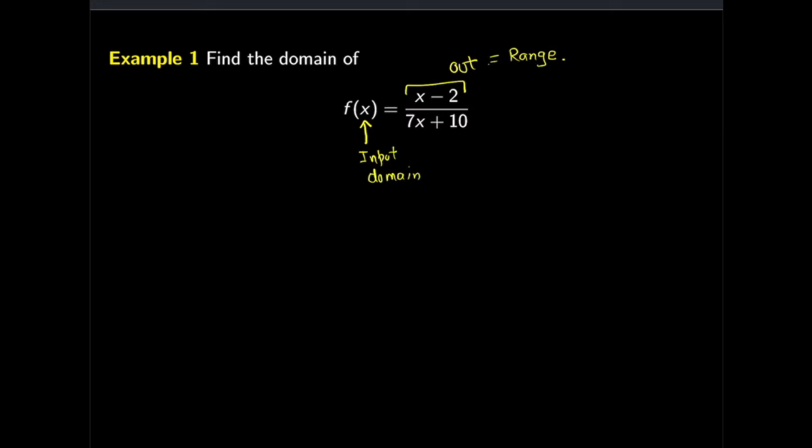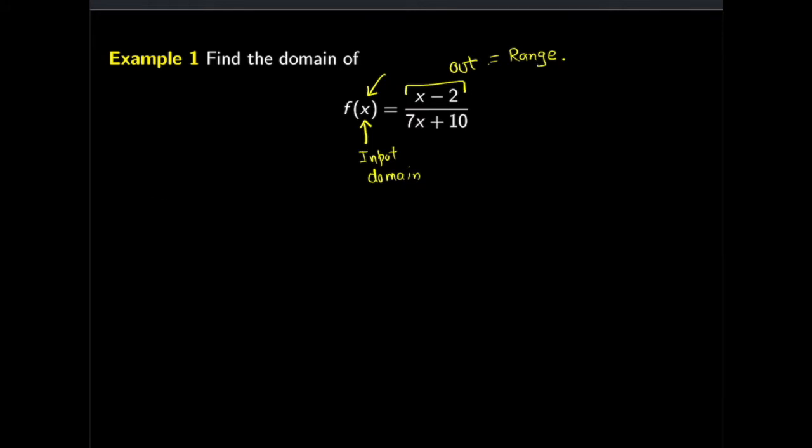If you put some input into x, you get a certain output. Initially we can think the domain is the set of all real numbers, because if you plug in any real number, you will get some sort of output.